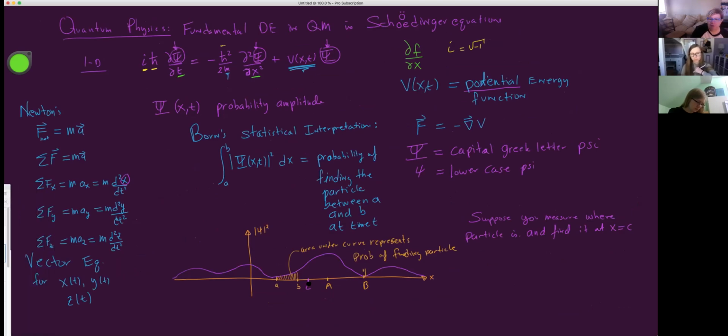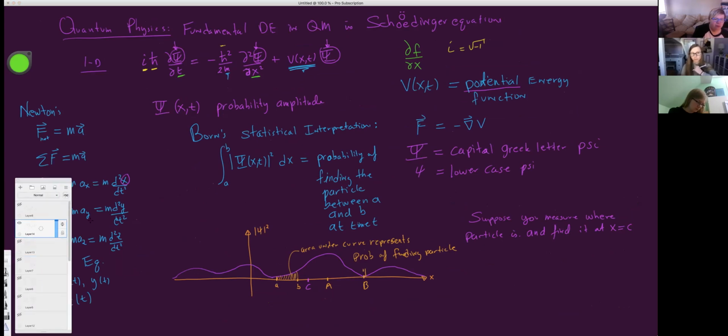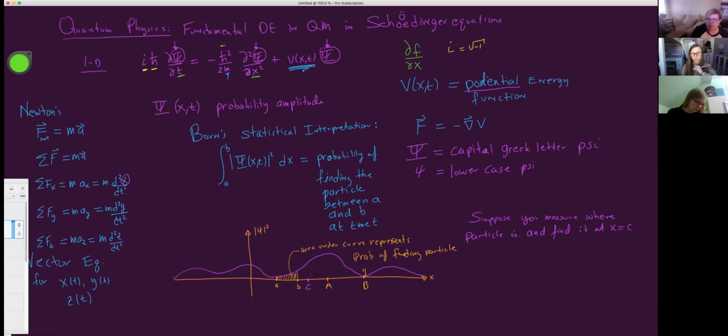You can see that, remember, if we measure at C, if we measured the particle and we found it at C, right after we measure, because we have forced the particle to take a stand, the probability will look like this. This comes back to Laura's idea. Right after, it'll look like this. We collapse the wave function, right?